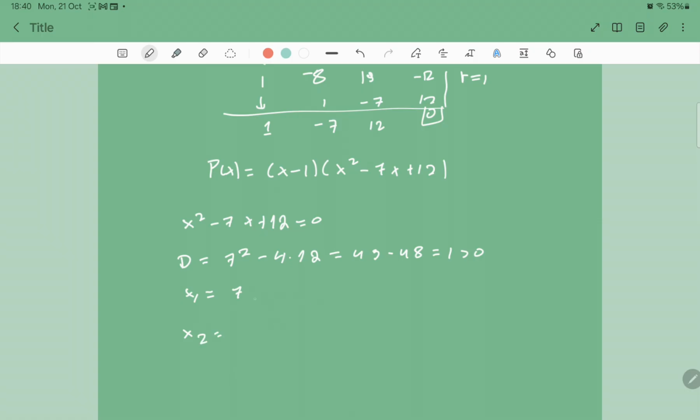The square root of 1 is 1. The first root is 4. And the second root is 3. So it's x minus 1 times x minus 4 times x minus 3.